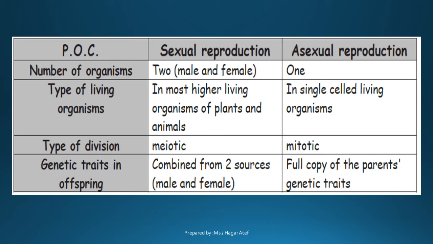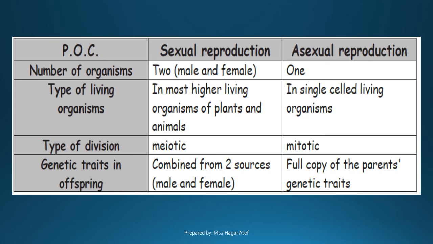The difference between sexual reproduction and asexual reproduction. Number of organisms: 2, male and female, but in asexual it is 1. Type of living organisms: in sexual reproduction, in most higher living organisms of plants and animals, but in asexual reproduction, in single-celled living organisms.